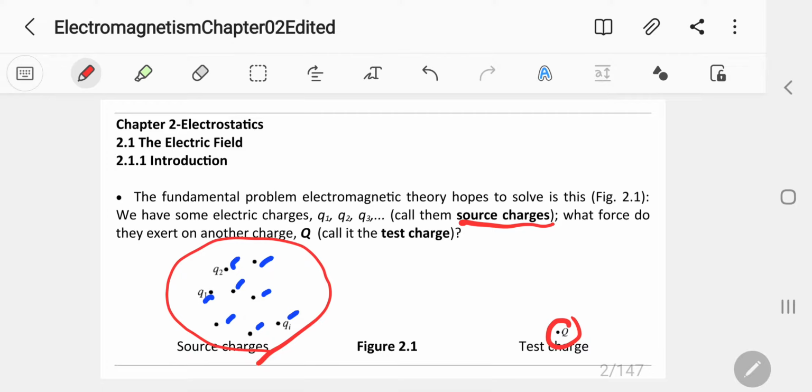They give the force to the capital Q, and so capital Q will experience a force out of this distribution of charge.